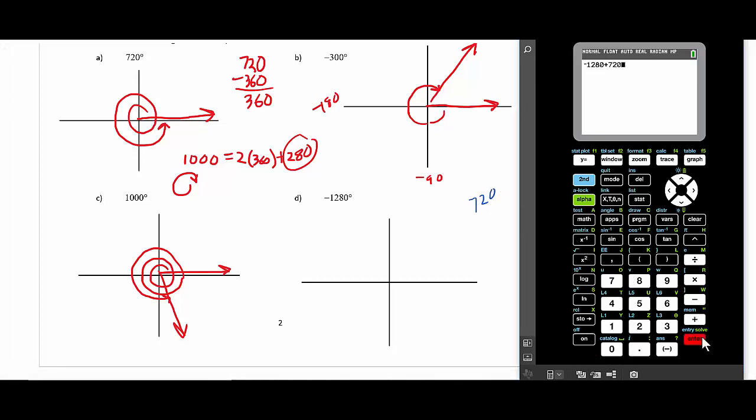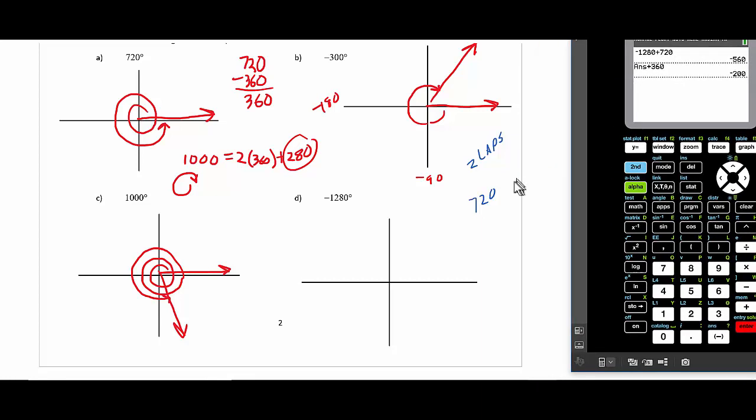Then if I add 360 again, that takes me down to negative 200. So it looks like you would now have 3 laps, and then plus negative 200. So that's one way to do that.